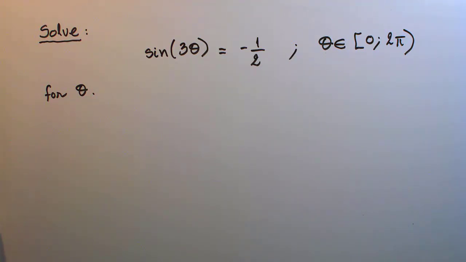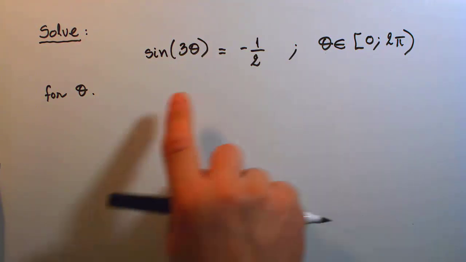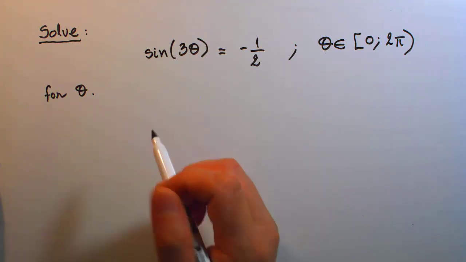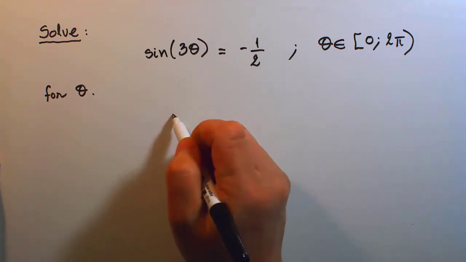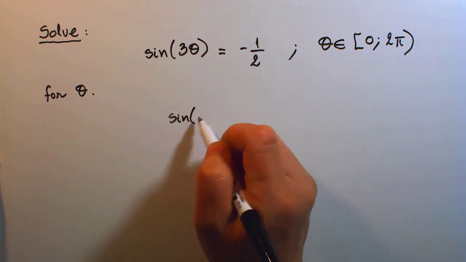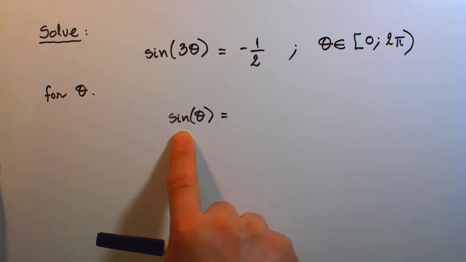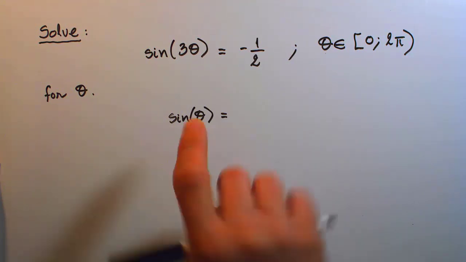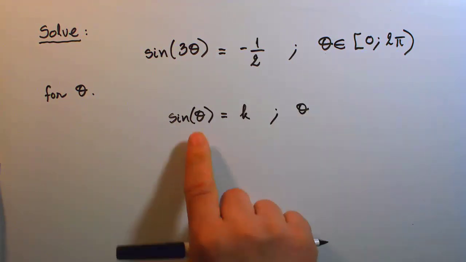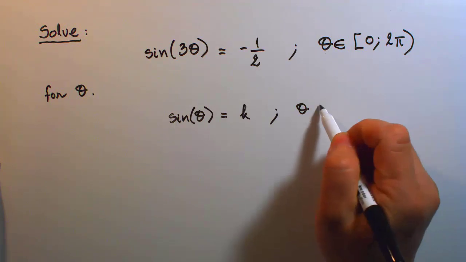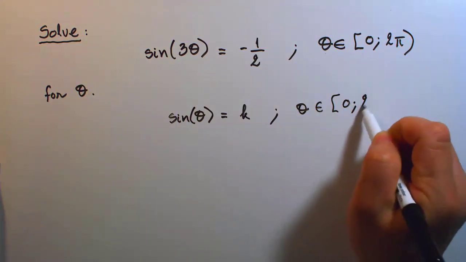Before I proceed any further, let me point out a generality regarding this kind of equation. I did mention that before anyone views my content, you must master how to solve the basic equation, sine of one single angle theta equals a value, given that the angle is in an interval, say from 0 to 2 pi or from 0 to pi.